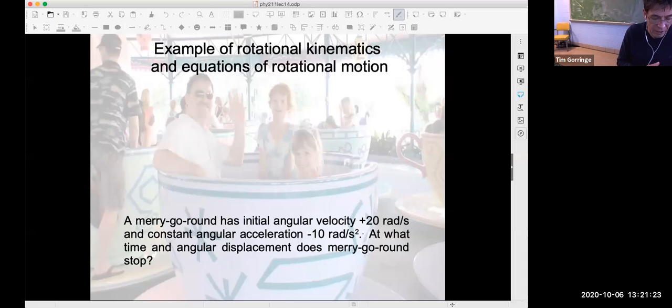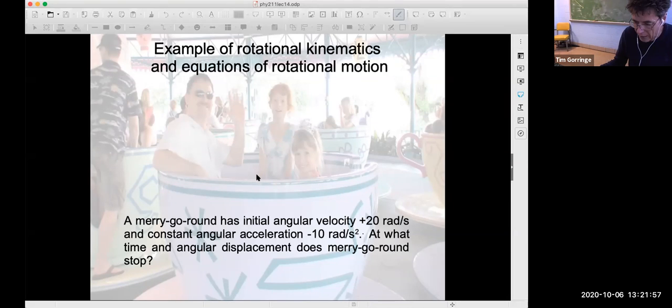Its angular acceleration is opposite its angular velocity. It's like a braking car that might have a positive linear velocity and a negative linear acceleration. There, the motion and the acceleration are in opposite directions. Here, for this rotational motion, the velocity and the acceleration are in opposite directions. And with this information, we're going to figure out how long it takes to stop and how far it turns during that process.